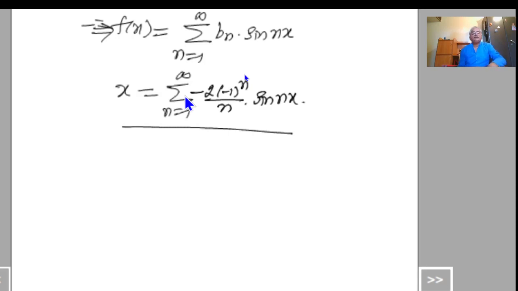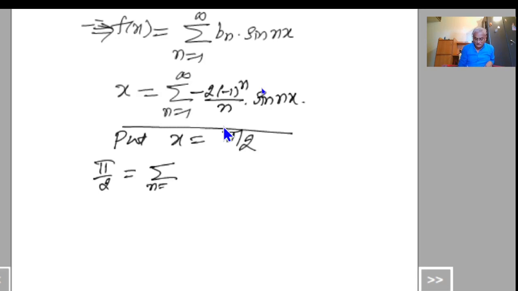And for the deduction, we have to put x equal to something here. So let me put x is equal to pi by 2. In this equation we get left hand side is pi by 2, right hand side summation n from 1 to infinity minus 2 into minus 1 to the power of n divided by n into sin of n pi by 2.